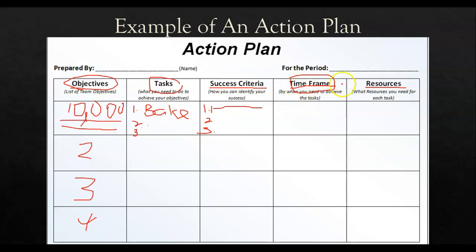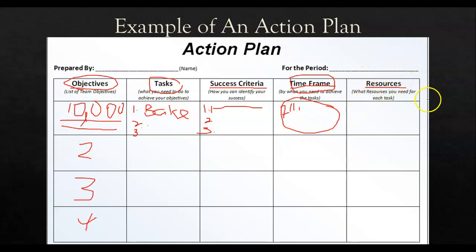The question is by when? Maybe by 30th of May. It has to be scheduled, because anything which is not scheduled never gets done. So you have to put a deadline here.